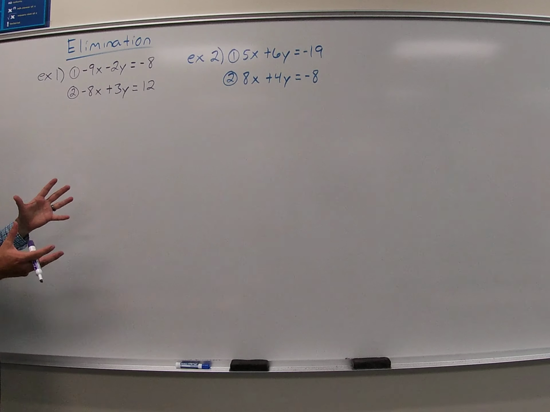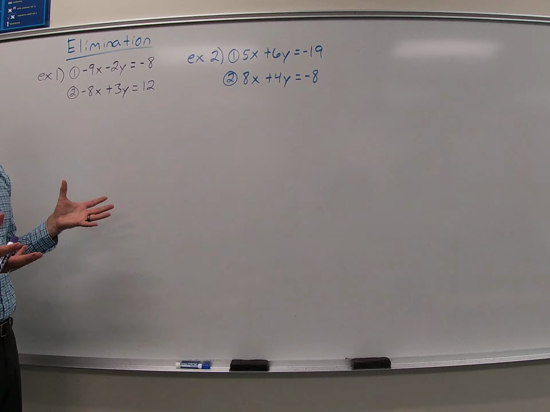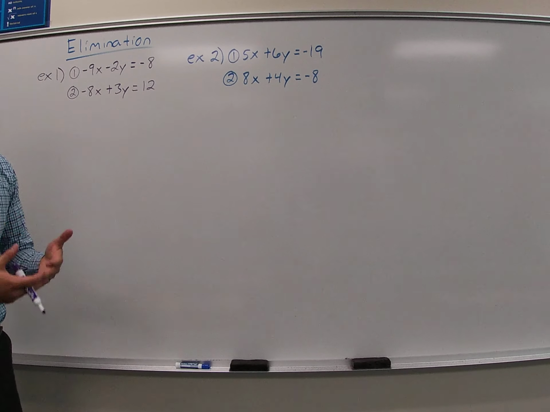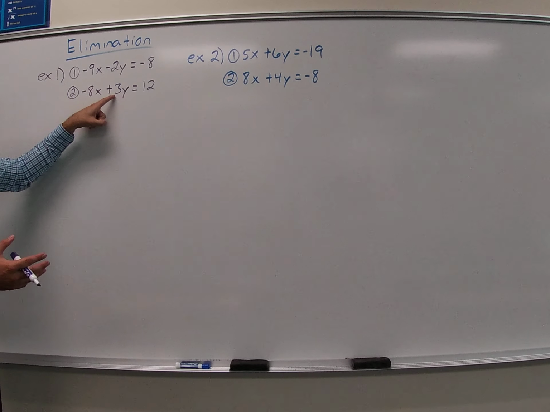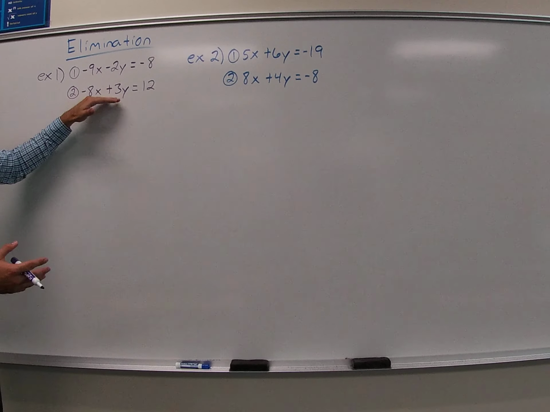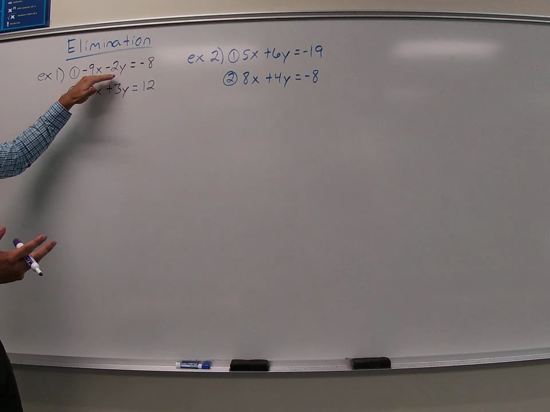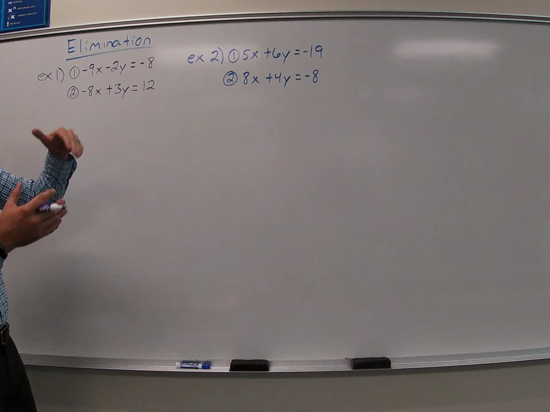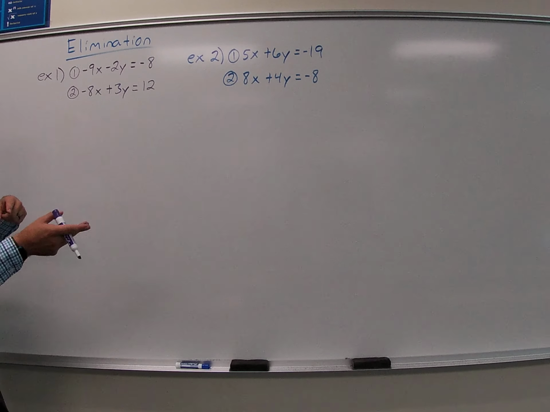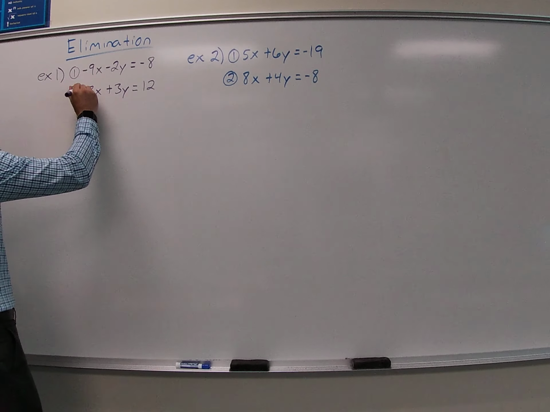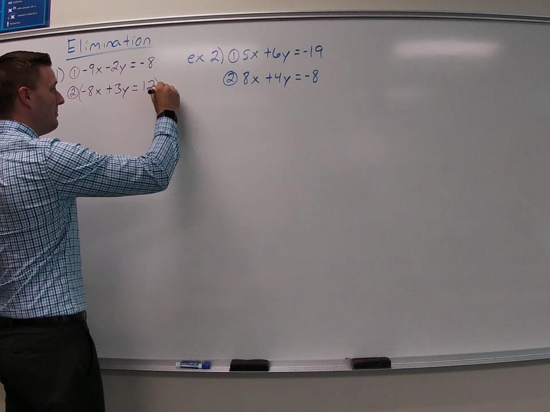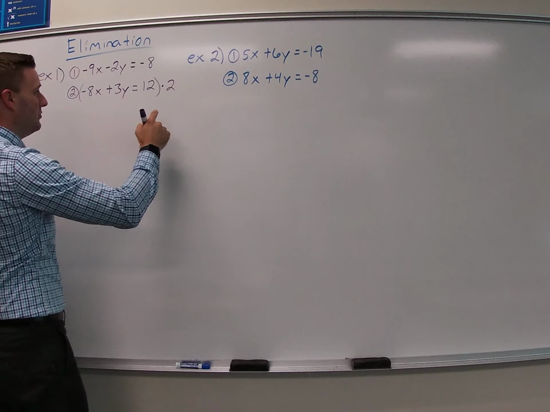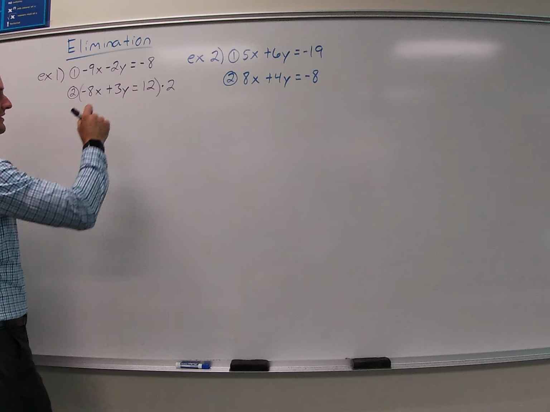Can you think of a number that 2 and 3 both go into equally? The lowest number that I can think of is 6, right? So what if I want this to be a positive 6, and I want this one to be a negative 6 so that they cancel out? If I do that, then I would have to multiply this entire line 2 by 2, because isn't 3 times 2 a positive 6?